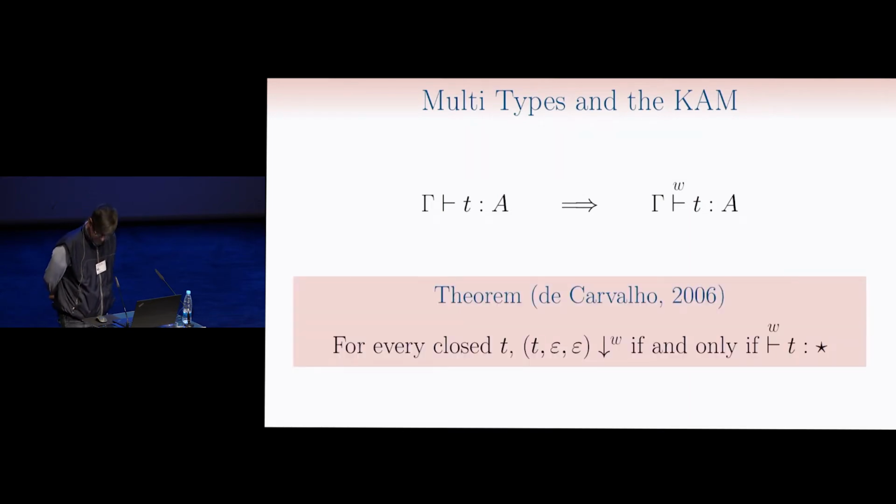And you can prove, as De Carvalho did in 2006, that multitypes are a sound and complete methodology for deriving the time behavior of terms in the Krivine abstract machine. So every closed term reduces in W steps if and only if it can be typed with weight W on the type star, because star is the type of the results in multitypes.